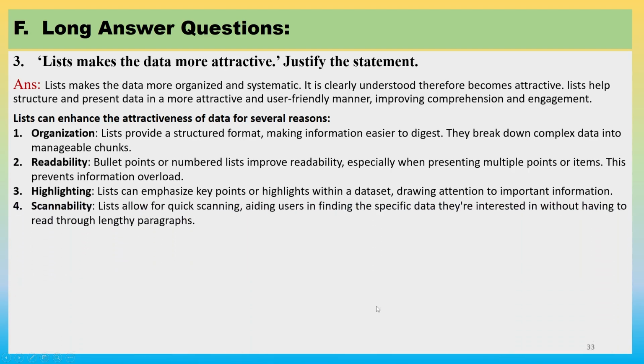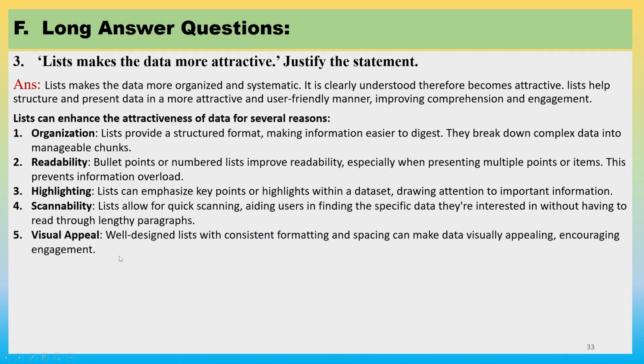Next is scannability. It allows for quick scanning, aiding user in finding the specific data. Aiding user means helping user to find the specific data they are interested in without having to read through lengthy paragraphs. Next is visual appeal. Well-designed list with consistent formatting and spacing can make data visually appealing, encouraging engagement.